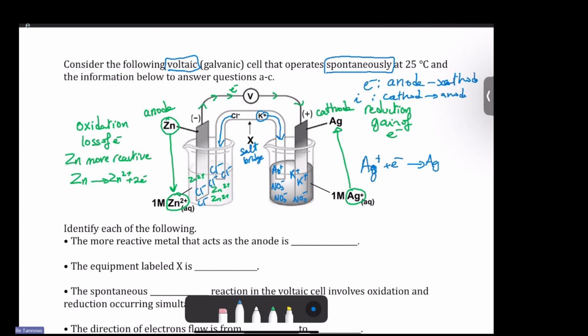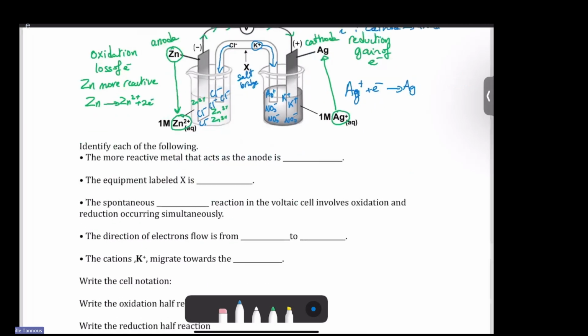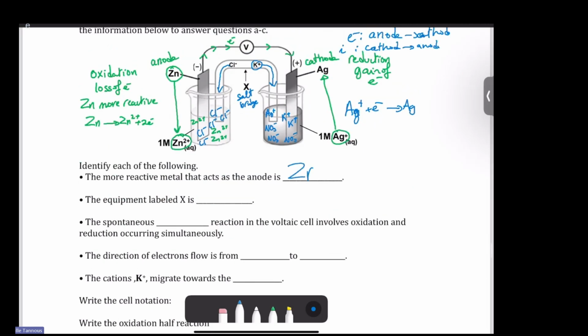Electrons and current flow through the electric circuit, whereas the ions flow through the salt bridge. So don't get confused in this. The more reactive metal is the one that's going to start the oxidation at the anode. The equipment X is known as the salt bridge.